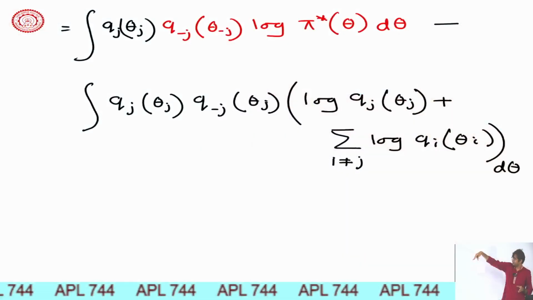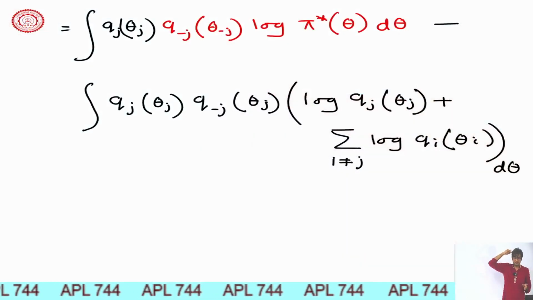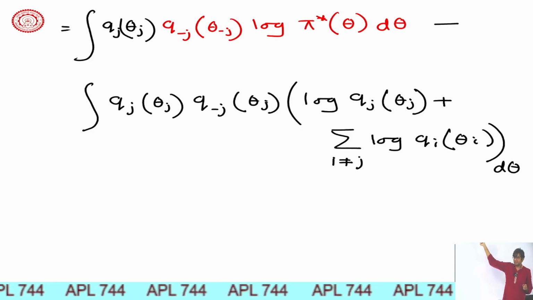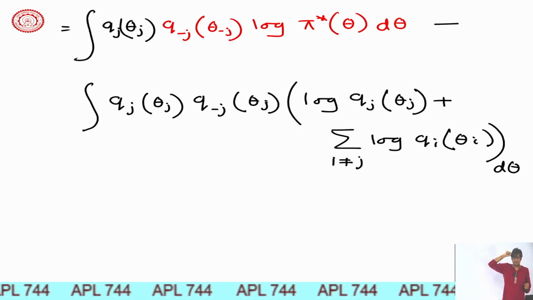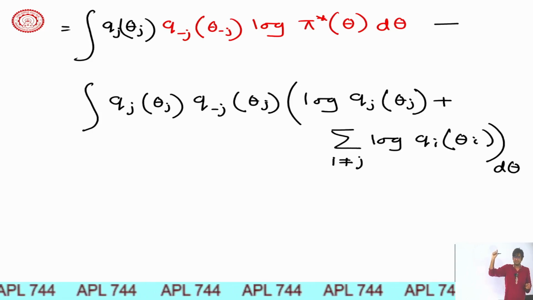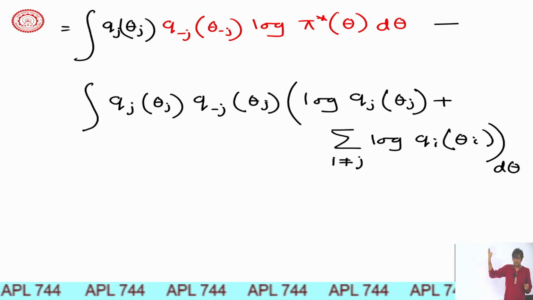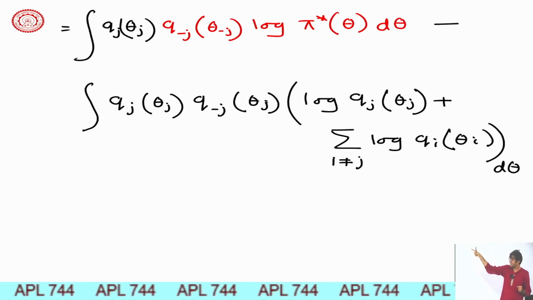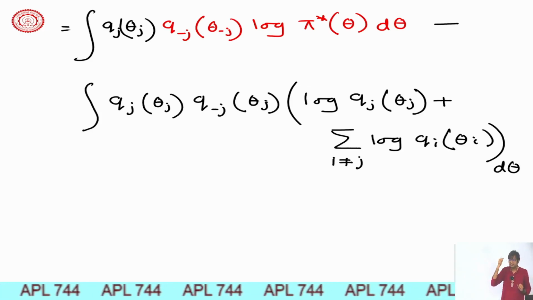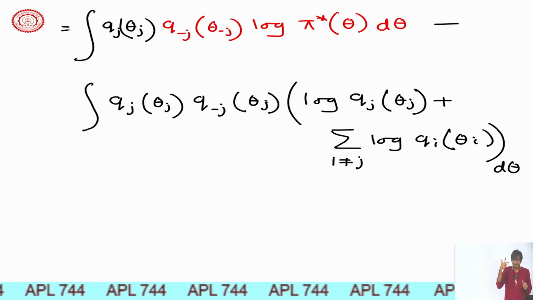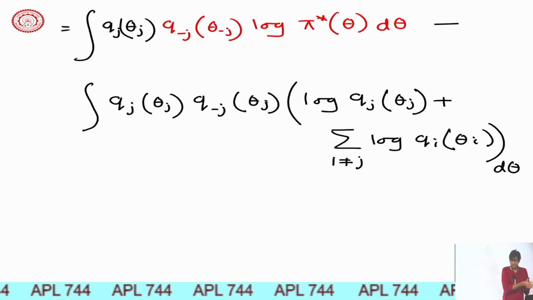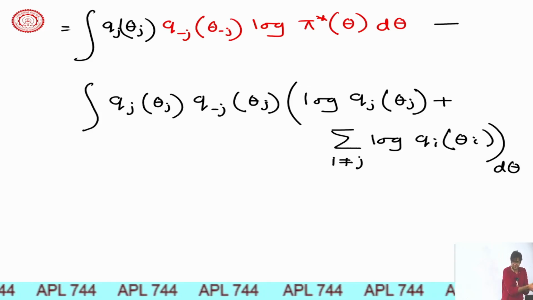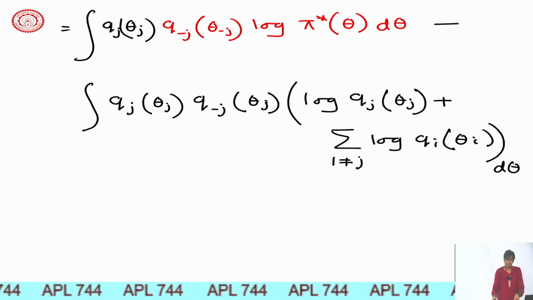Now, this integration you see, what is the dimensionality of the integration? Is it one integration, two integrations? How many integrations are those? Because you are integrating theta, which is k dimensional, these are actually k dimensional integrations, because you have to integrate on each theta. So I will again separate that integration into 1 and k minus 1, the jth and everything except the jth.